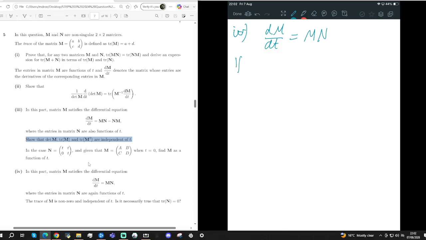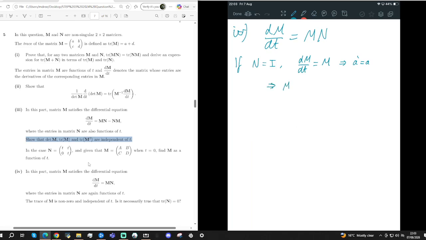So if, now they have to be non-singular is the issue. So what if n was just the identity matrix? That's definitely non-singular. Then dm by dt is equal to m, which really is just an equation in each of its coefficients. So the a dash would equal a, which is an e to the power t style thing.